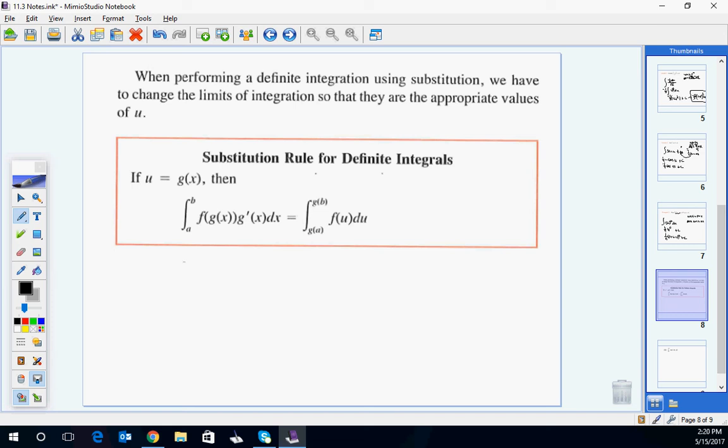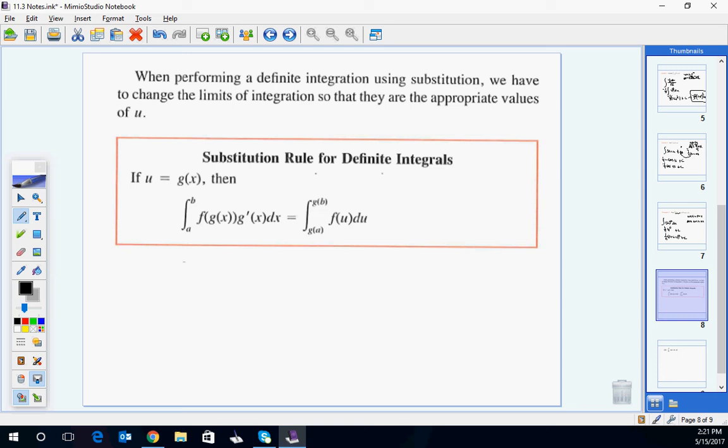The key thing here is from a to b, you have to see g of a, g of b, so that the u that you pick is what we change our limits to. If you're using substitution, you cannot maintain the same limits of integration because you have changed to u. So you have to change your integration in terms of u.